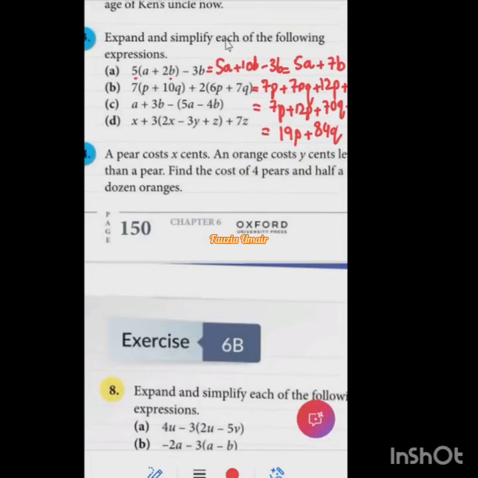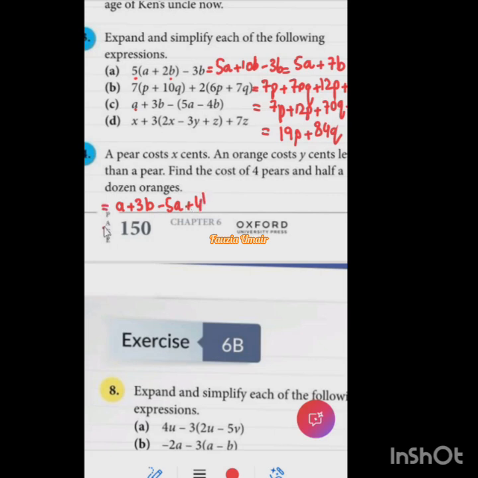So now the C part. I'm solving it here. It would be a plus 3b, and then if we minus 5a plus 4b. Very good.